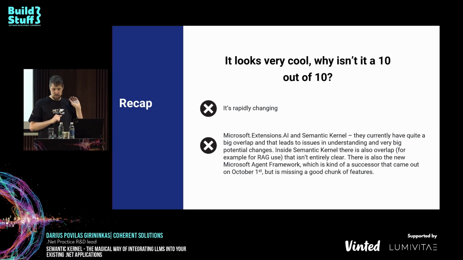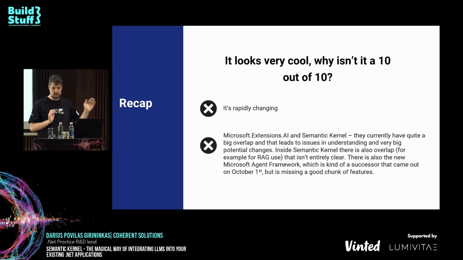I was mostly using Extensions AI because that's the Microsoft recommended way. Originally Semantic Kernel came out first, so it had all of its own abstractions, all of its interfaces. Then they moved it to Extensions AI, but they didn't remove the original interfaces. So Semantic Kernel has very huge overlap with Extensions AI.